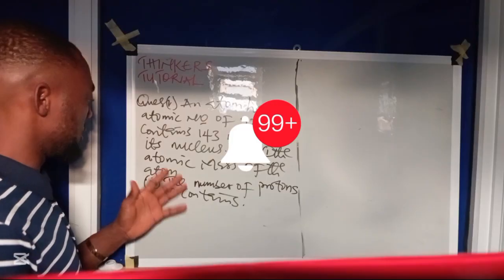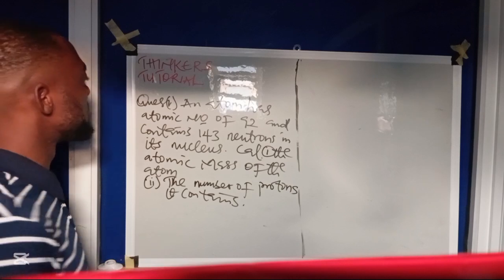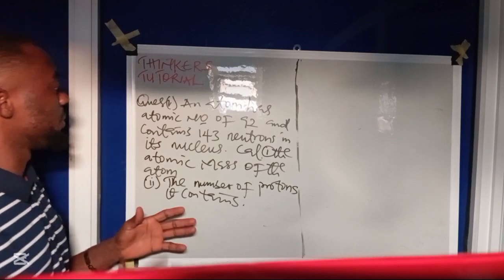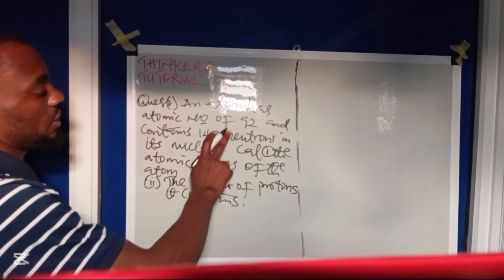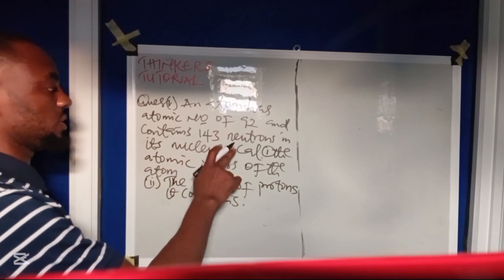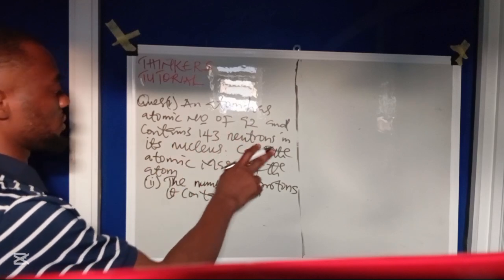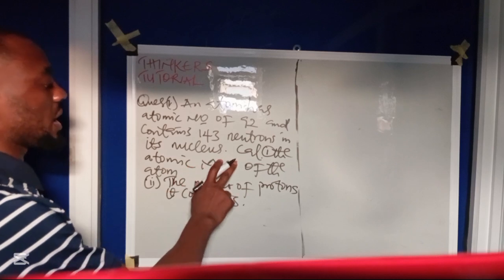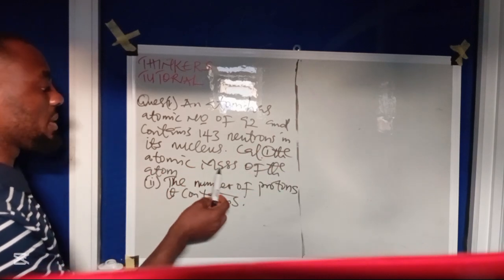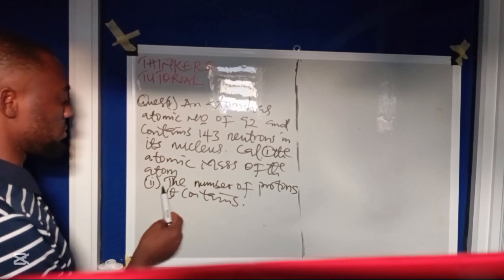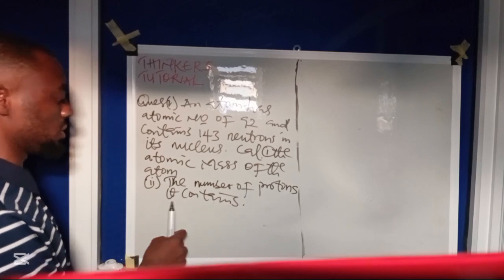In the calculation aspect of our tutorial at the moment, the first question they ask is: an atom has atomic number of 92 and contains 143 neutrons in its nucleus. Calculate (i) the atomic mass of the atom, (ii) the number of protons it contains.